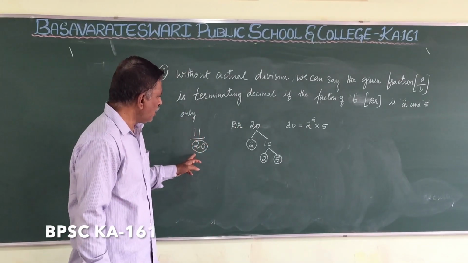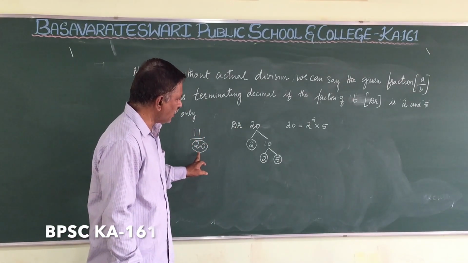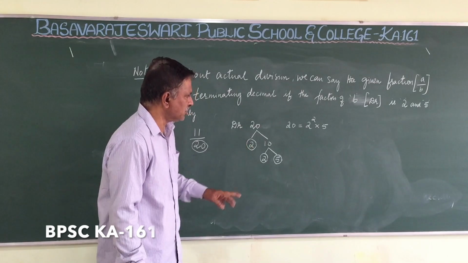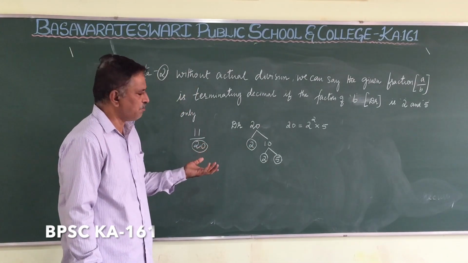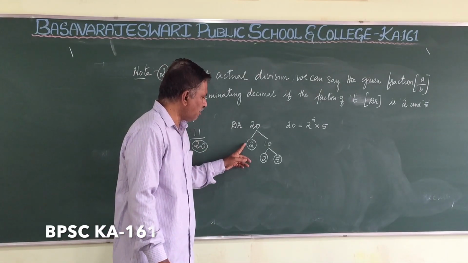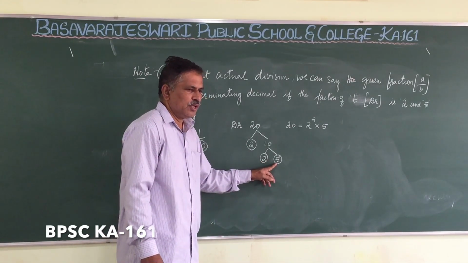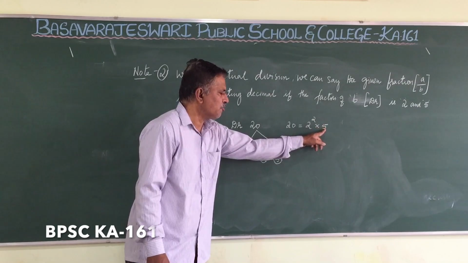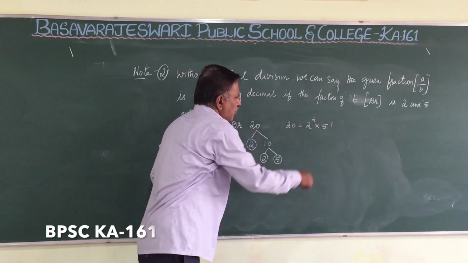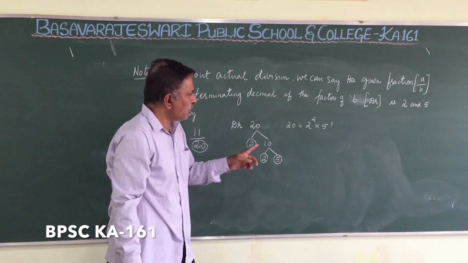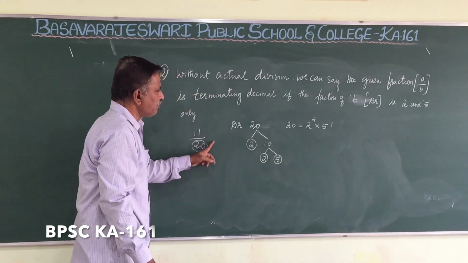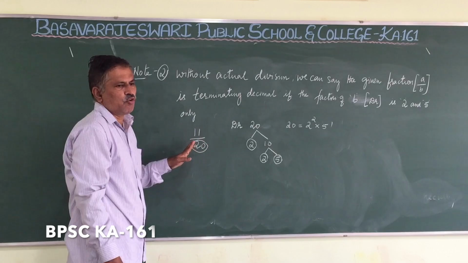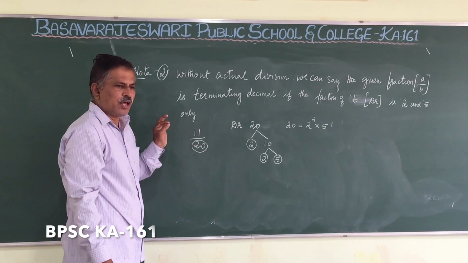So for 20 I got 2, 2, 5. That means 2 is repeated 2 times, 5 is repeated 1 time. For the denominator 20, we got only the factors 2 and 5. Hence, it is a terminating decimal. This is how we do it without actual division.